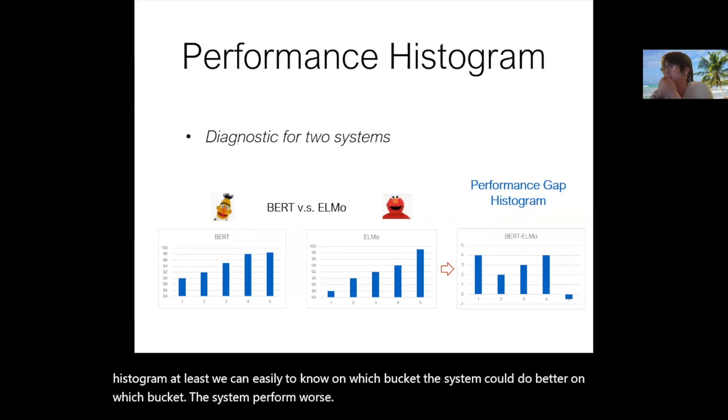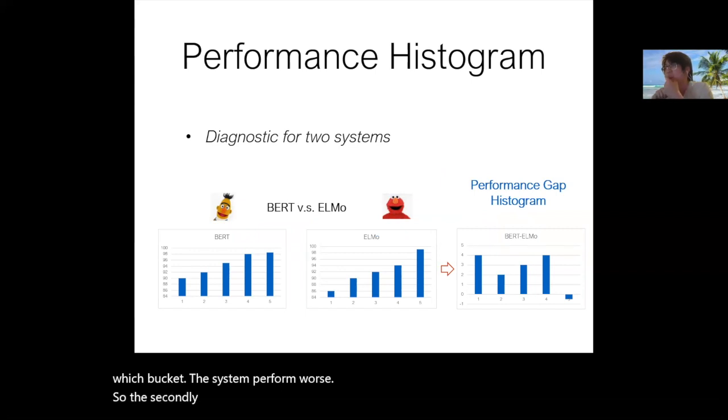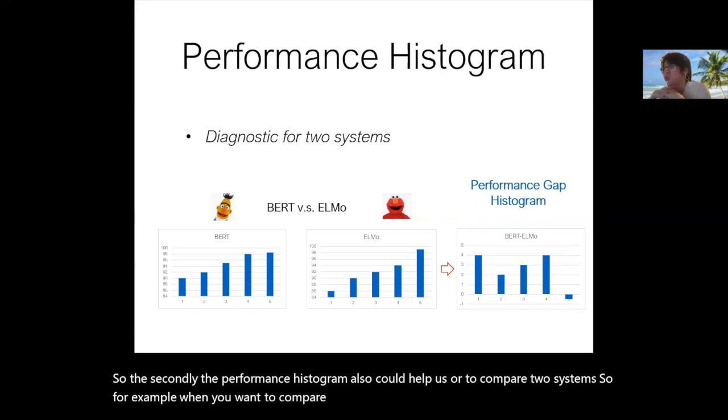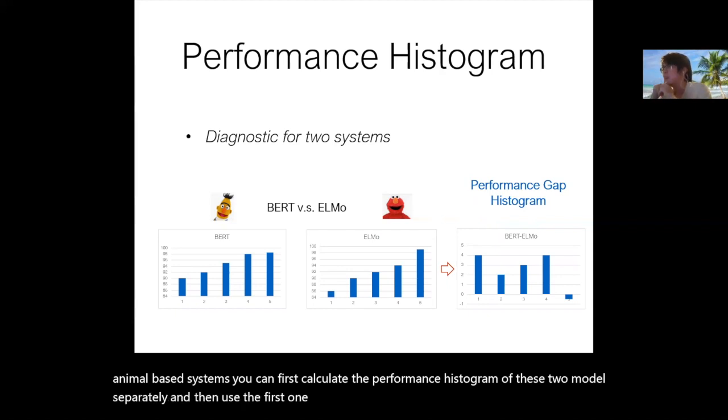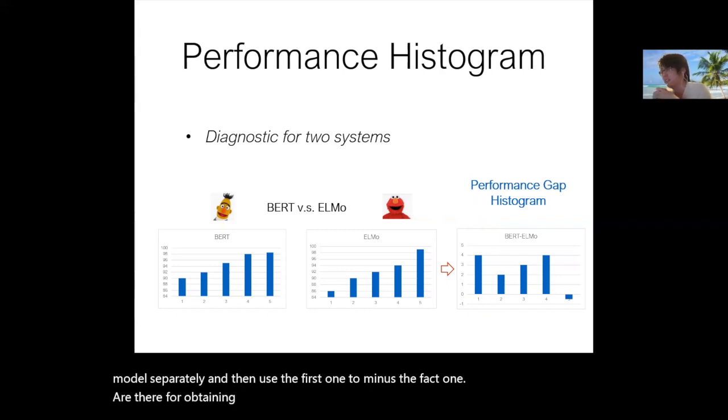Secondly, the performance histogram also could help us to compare two systems. For example, when you want to compare the differences between the BERT-based system and MO-based systems, you can first calculate the performance histogram of these two models separately, and then use the first one to minus the second one, therefore obtaining a performance gap histogram.